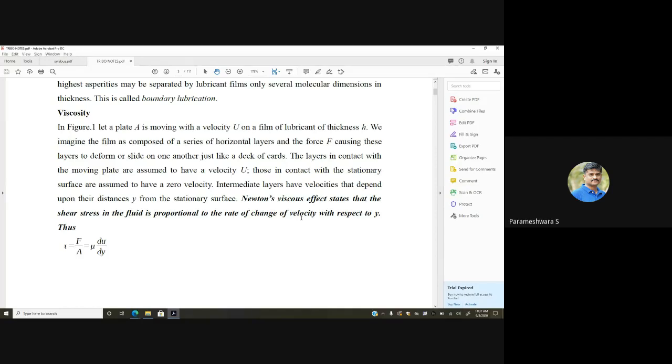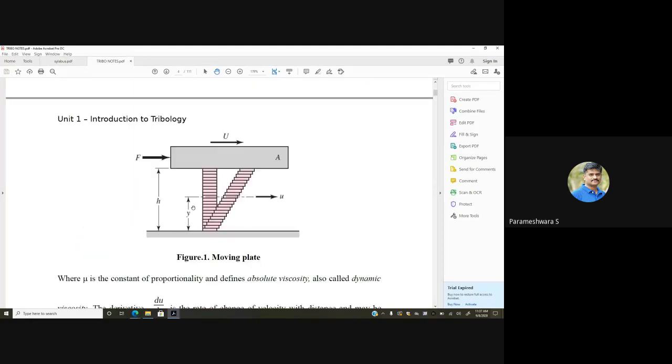Shear stress is tau, normal stress is sigma. Y is the point of interest from the bottom plate.